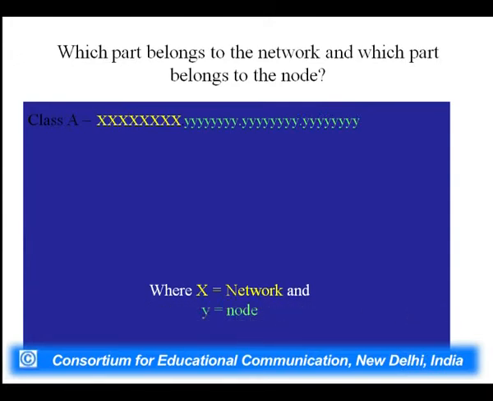To have a class A address, the first 8 bits will represent a network and the remaining 24 bits will represent each host in the network. Say for example, in this room we have 50 computers and each computer will have a different IP address. That means the 24 bit value will be different for each of the 50 systems in this room, but the first 8 bits will be common to all the computers here.